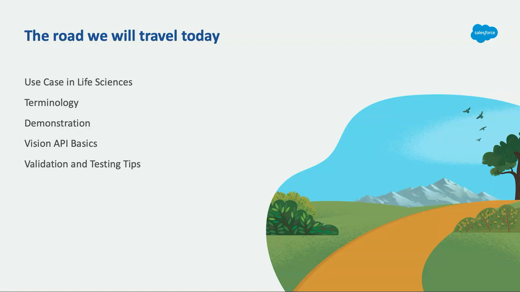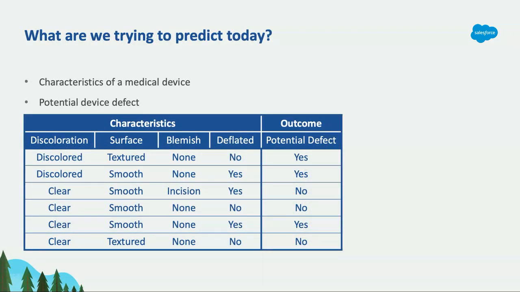Let's talk about the use case. We're going to perform some predictions for a medical device. In order to do that, we need to understand what we're going to be doing. We're going to be predicting the characteristics of a medical device based on images that we have.